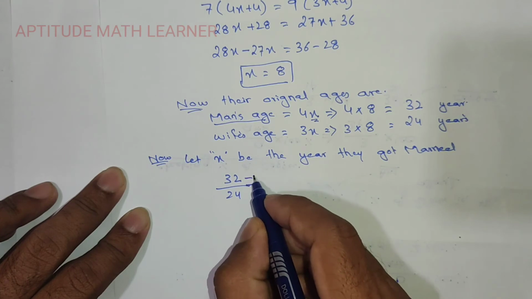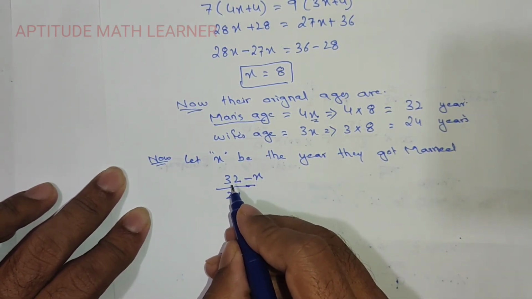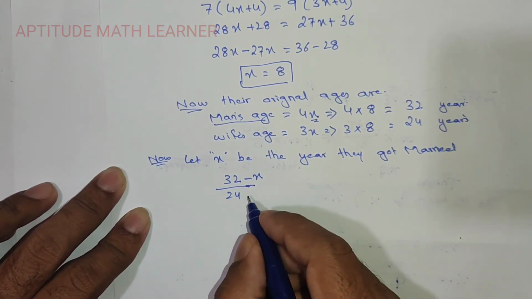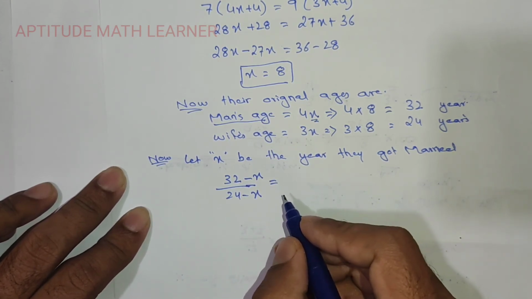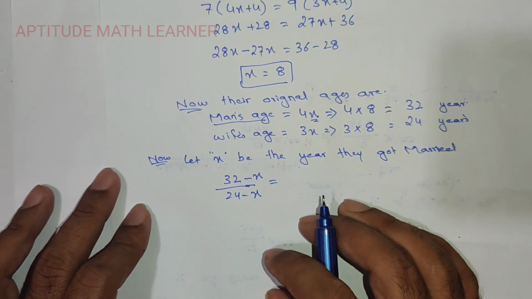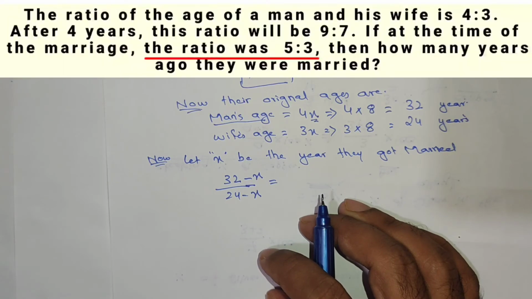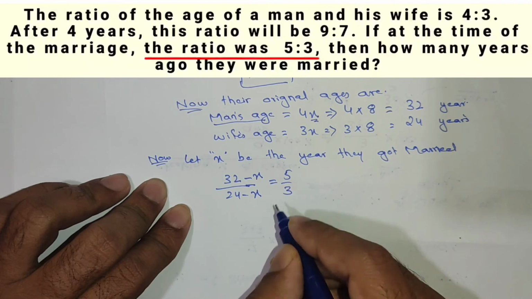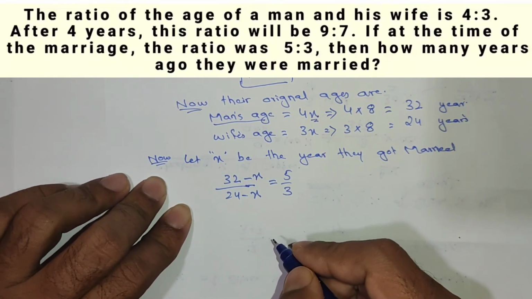So we subtract x from the present ages, and the ratio at that time was 5:3. So hope you have understood it till here.